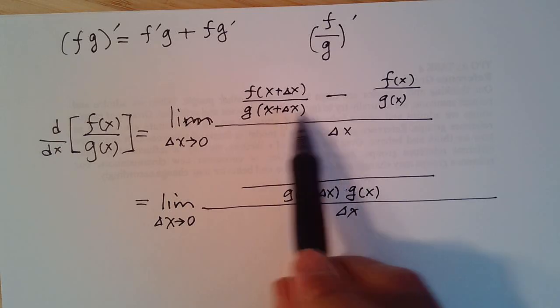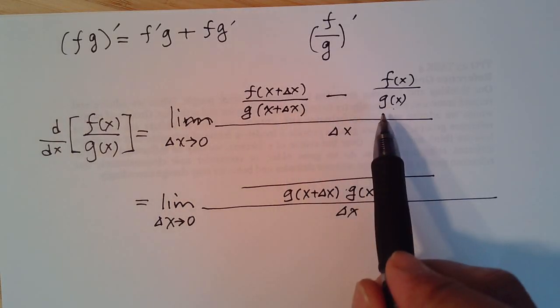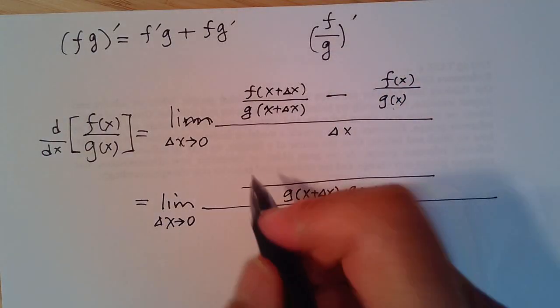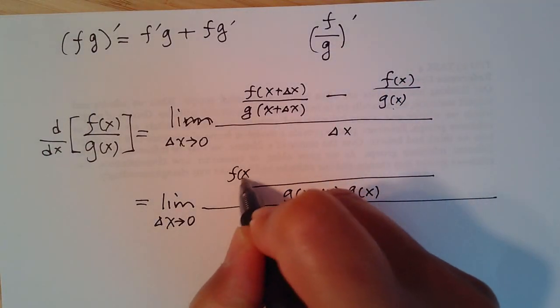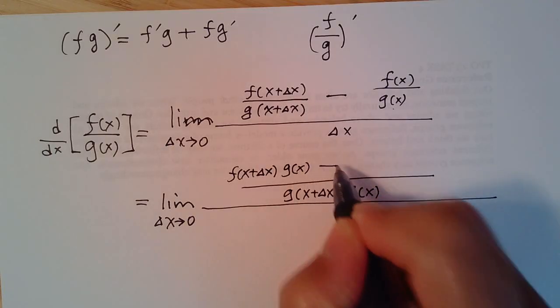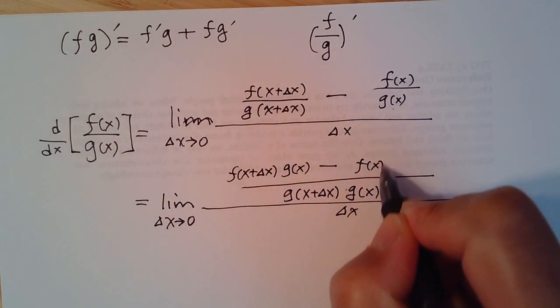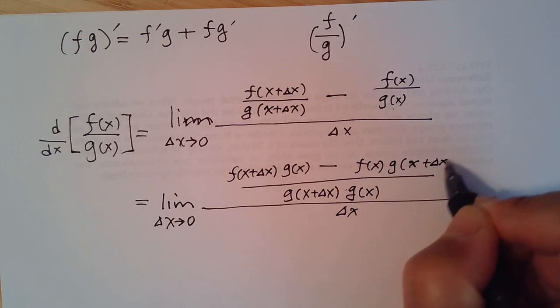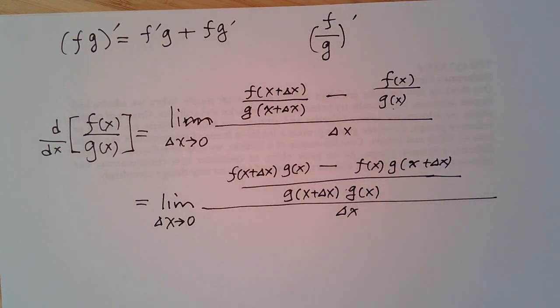Then you multiply by g of x up here. So it's going to be f of x plus delta x g of x minus f of x g of x plus delta x. Okay, you see what I'm doing here?